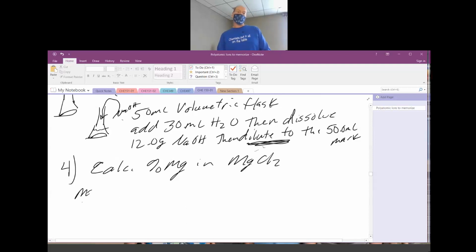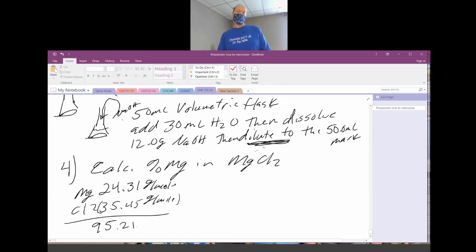Magnesium's molar mass is 24.31 grams per mole. Chlorine's molar mass is 35.45 grams per mole, but we have 2 of them in MgCl2. When you added that up, you got 95.21 grams per mole.